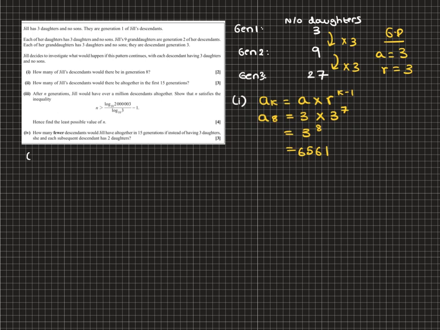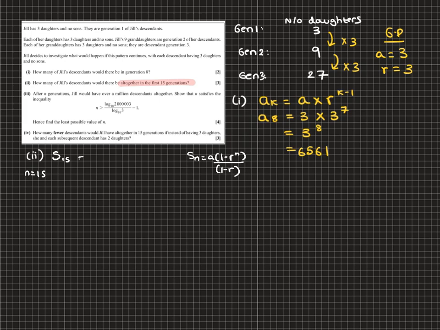Now, the next question is interesting. Part 2. How many of Jill's descendants would there be all together in the first 15 generations? So this time we are being asked for the sum of 15 terms, so n is equal to 15. So remember, the sum to n terms is equal to a(1 minus r to the n) over 1 minus r.